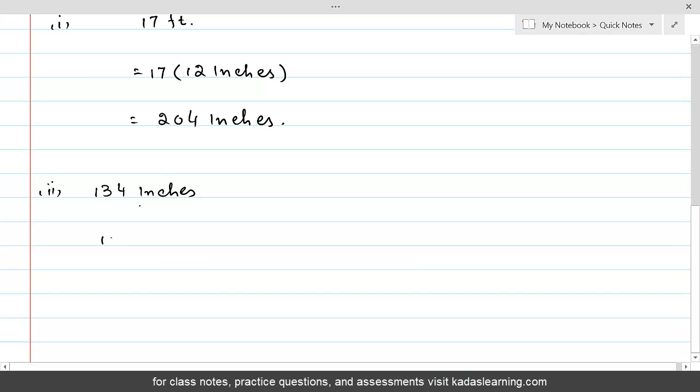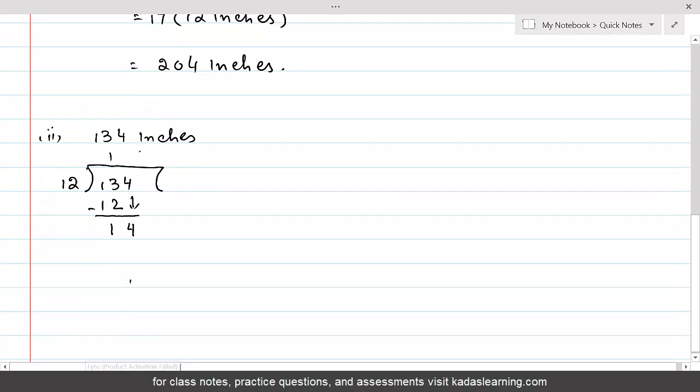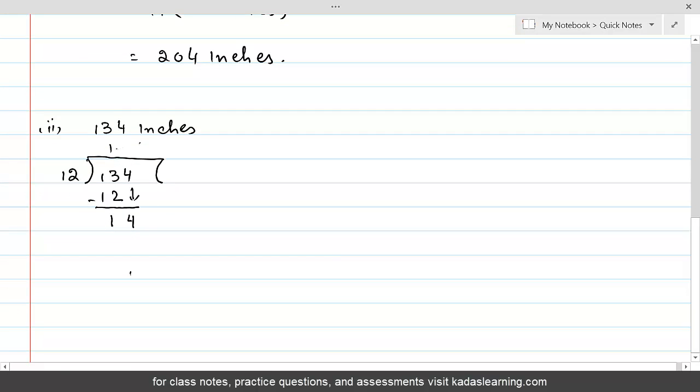Let's do the long division, dividing 134 by 12. 12 goes in one time. We write 12 over here and then subtract. The remainder will be 1. We bring down 4, and this will be equal to 14. We do one more time, this will be 12, and we subtract, and the remainder we have is 2.